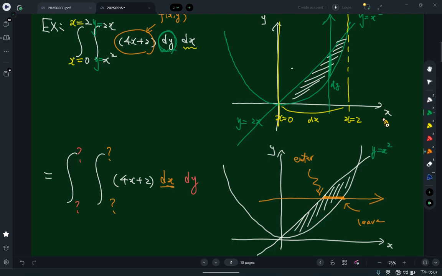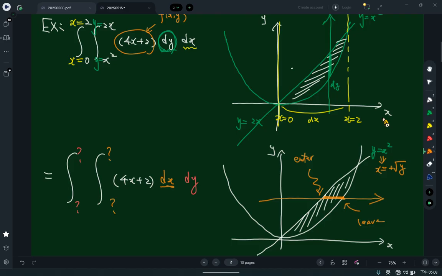So right now we need to change it into x is equal to positive square root of y. So we need to change y is equal to blah blah blah x into x is equal to blah blah blah y, because this time we will go for x first.